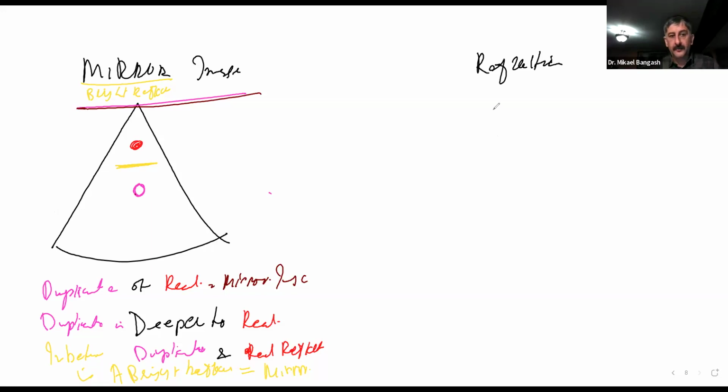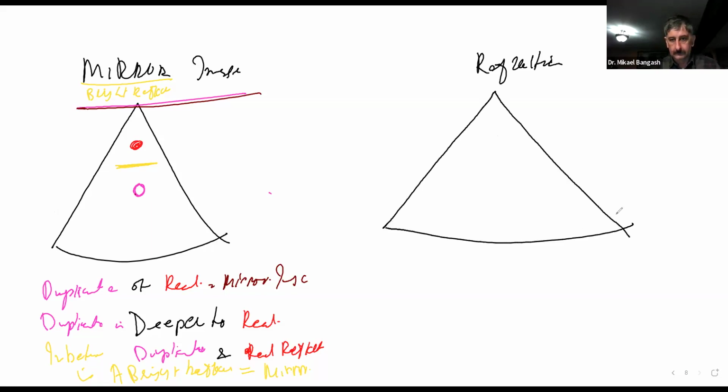Now in your artifact called refraction, what needs to occur is a refraction. What is that going to be?